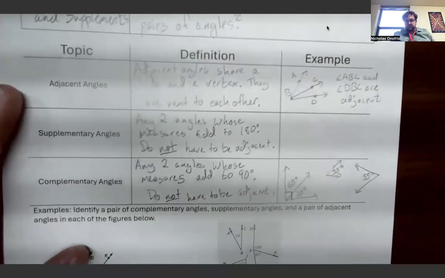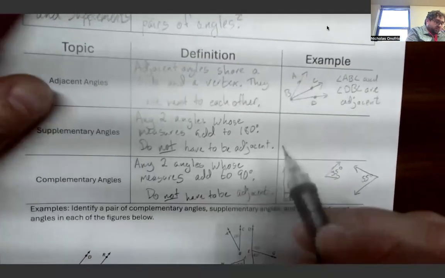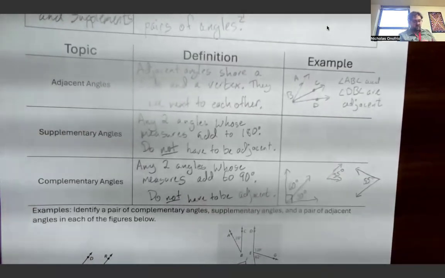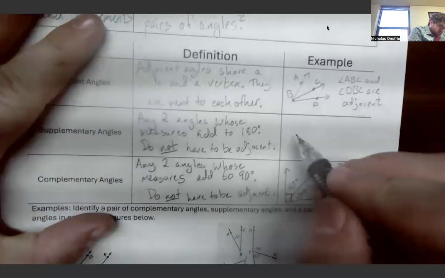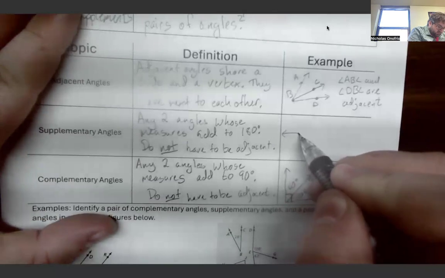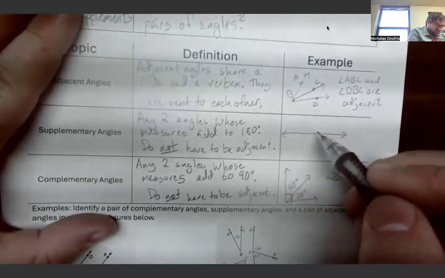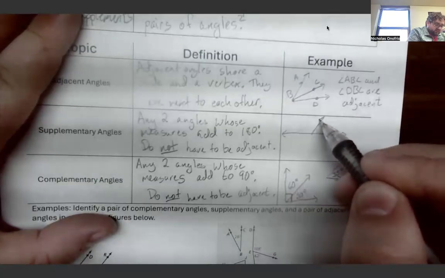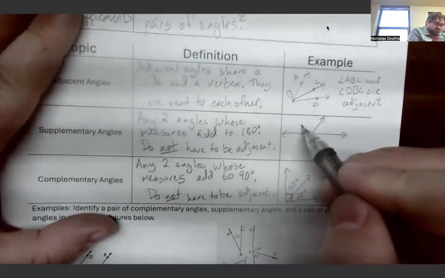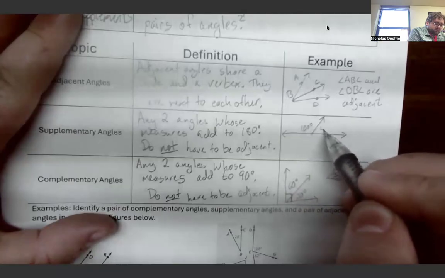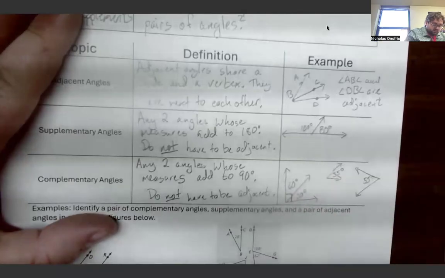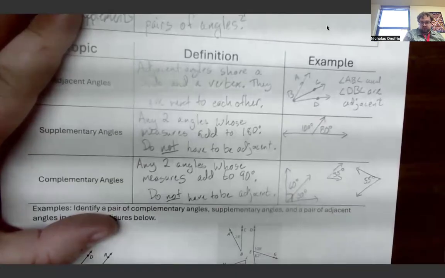So I will give you an example of adjacent angles first. If we remember, straight lines are 180-degree angles. So adjacent supplementary angles make a straight line. We could say one of these has a measure of 100 degrees and the other one has a measure of 80. However, they don't have to be adjacent.